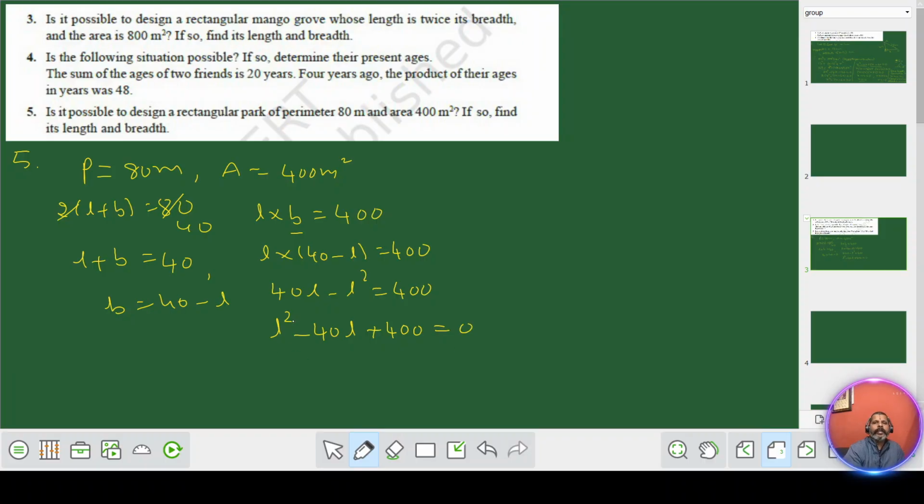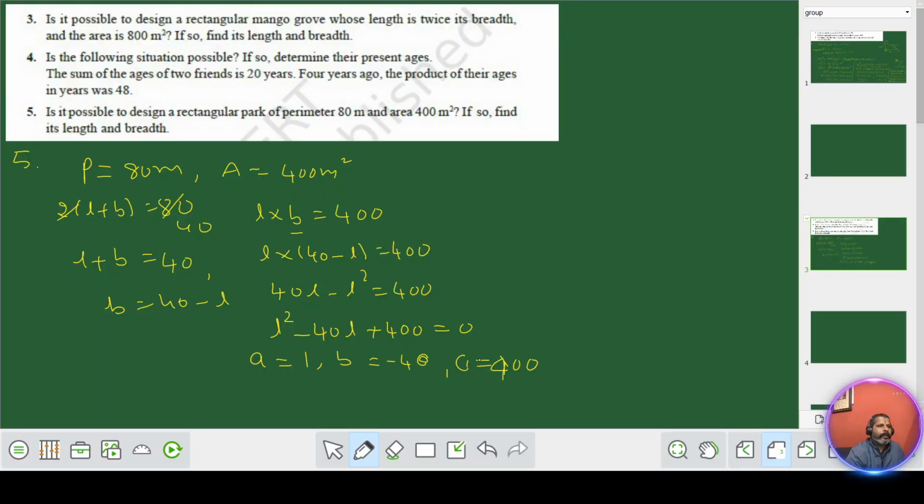Now let's find out whether it is possible to construct a rectangular park. For that, we have to find the discriminant. Comparing this with ax square plus bx plus c, we get a is 1. How? L square coefficient is a, b is minus 40. Okay. C is 400.